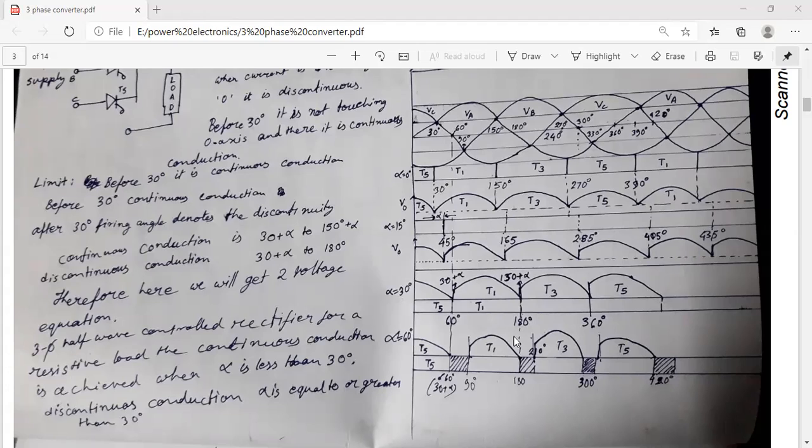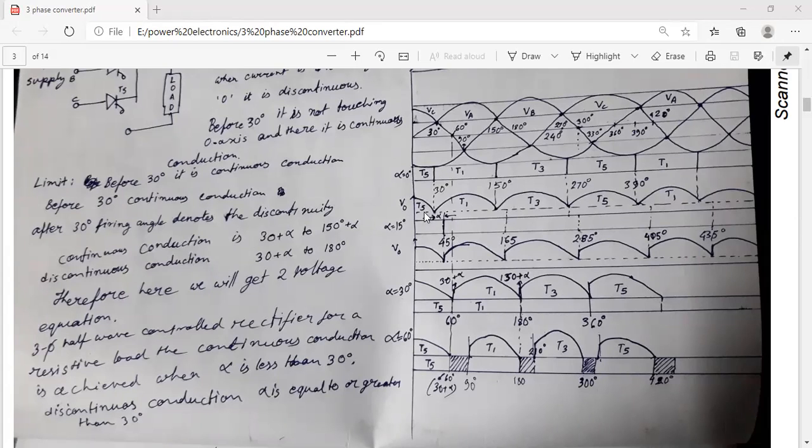For a three-phase half-wave rectifier with a resistive load, continuous conduction is achieved when alpha is less than 30 degree. Discontinuous conduction occurs when alpha is equal to or greater than 30 degree. So at 30 degree, the conduction is like that.